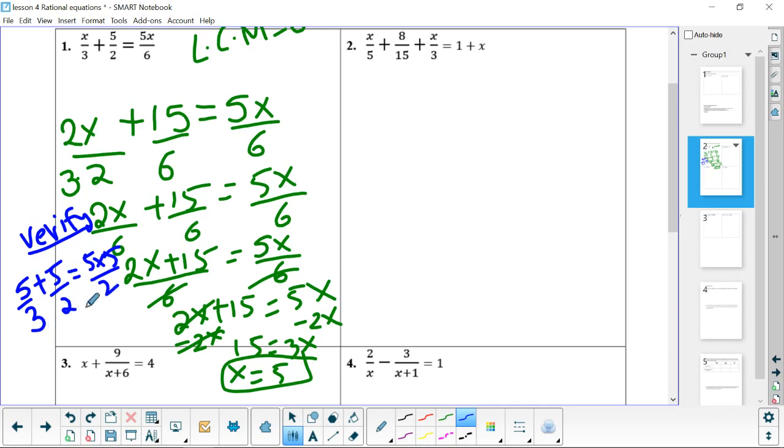Here our denominators are different, so we find the LCM of 3 and 2, which is 6. I multiply the 3 by 2, and I multiply the 5 also by 2, so this becomes 10 by 6.